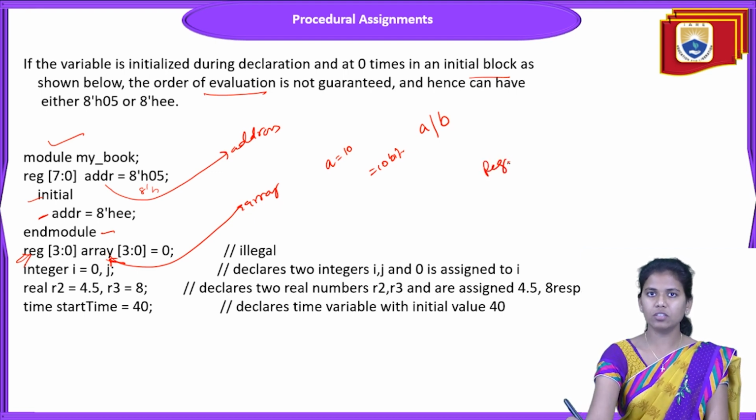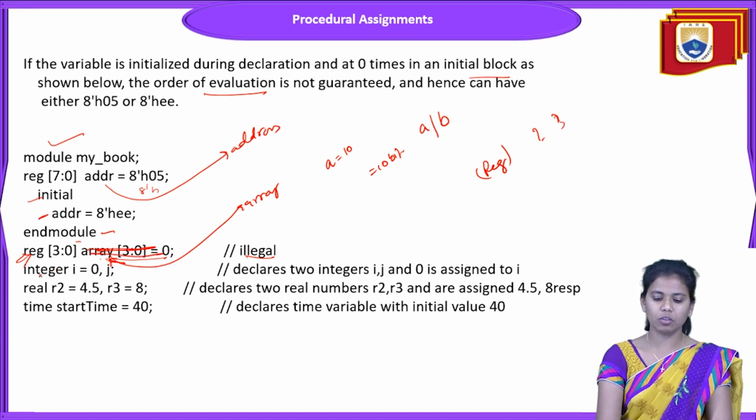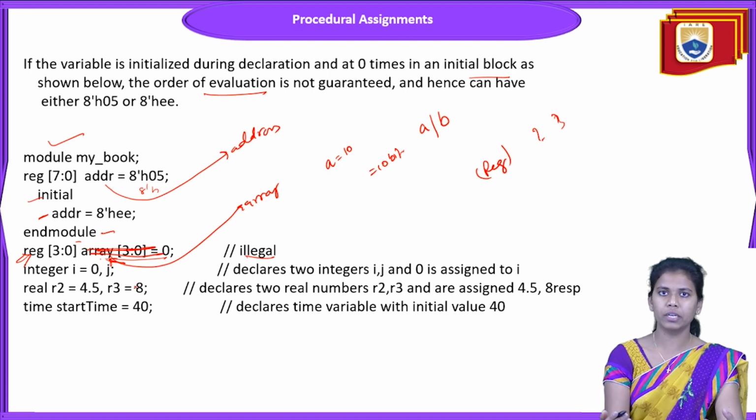If you are storing in a register, you have to mention the register only once, not twice or thrice. So this is an illegal way of writing the syntax. Only reg 3 to 0 is more than sufficient. No need to declare again by using a keyword like array or stack or whatever it is.